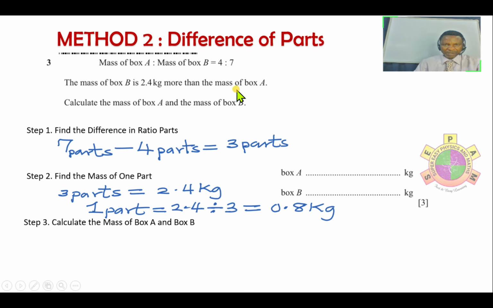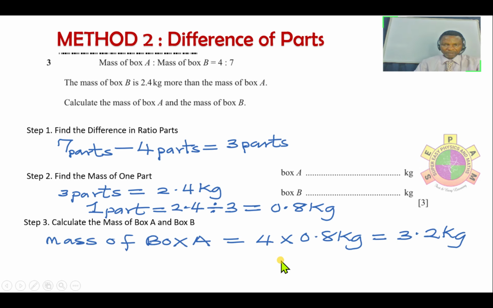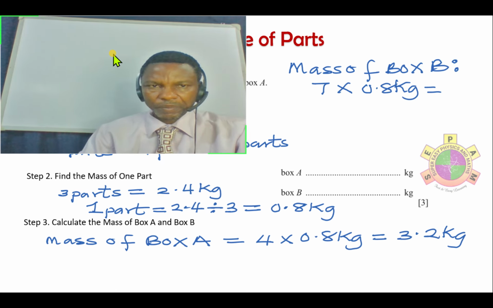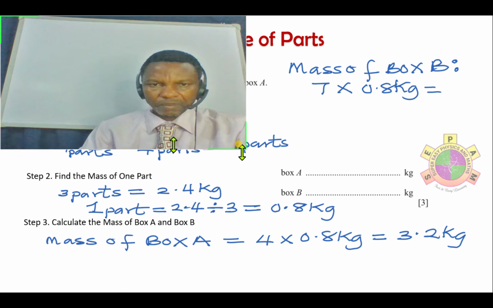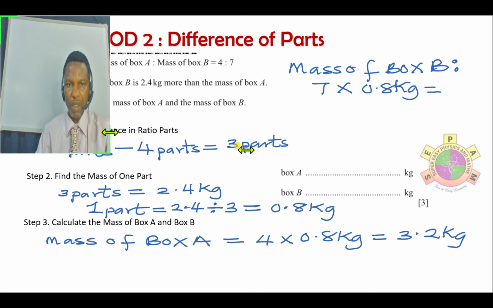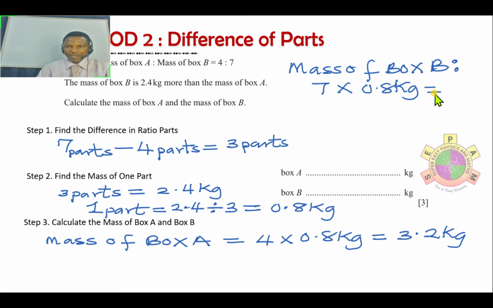Now, if it's 0.8 kg, then bus A is going to have 4 parts, so the mass of bus A will be 4 multiplied by this, which is 3.2 kg. While the mass of bus B is going to be 7 times 0.8.